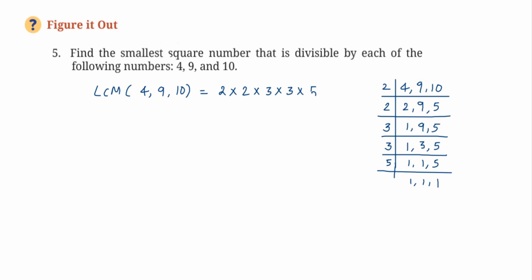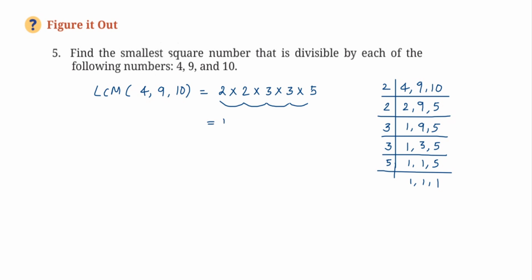Right? So let's multiply the numbers. What do we get? 2 times 2 is 4. 4 times 3 is 12, 12 times 3 is 36, 36 times 5 is 180. So 180 is the least common multiple.